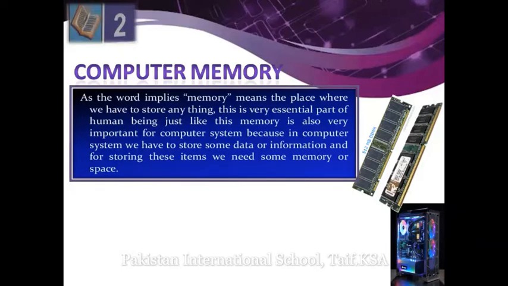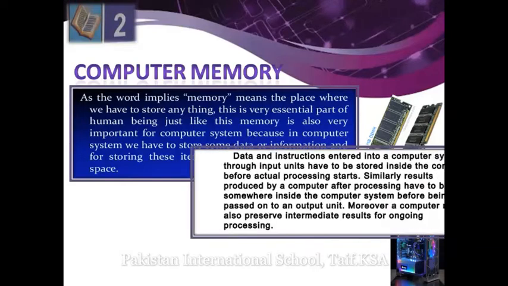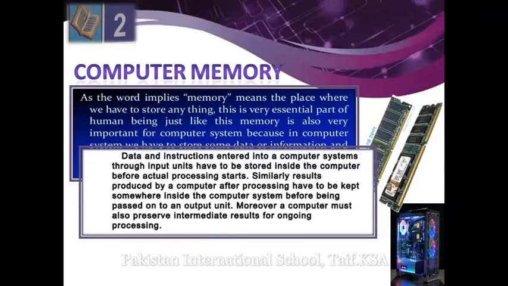This is a very essential part of human beings, and just like this, memory is also very important for a computer system, because in a computer system, we have to store some data or information, and for storing these items, we need some sort of memory space. So in a computer system, we have a memory space where we can save our data and instruction, which we enter into the computer system through input units.